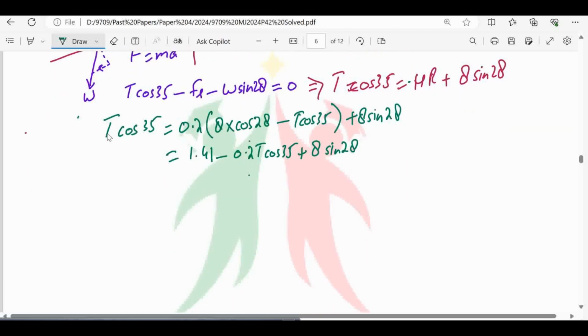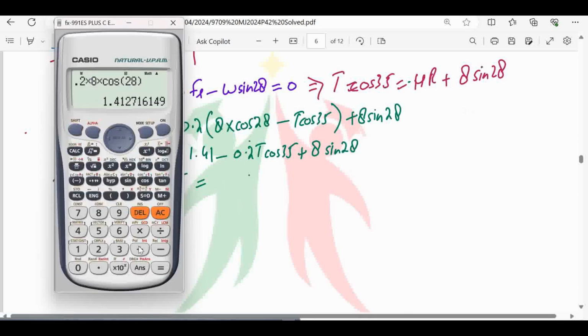Now if we rearrange it, so this will be T plus 0.2 T cos of 35, sorry, this should be T cos of 35. T cos of 35 is equals to, now we have to add 1.41 plus 8 sine of 28.